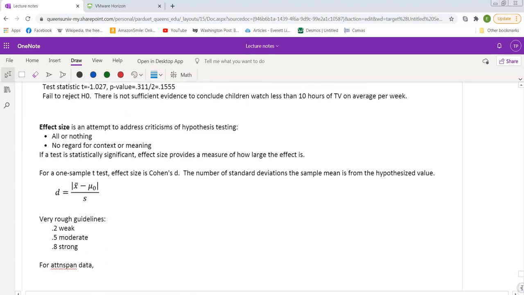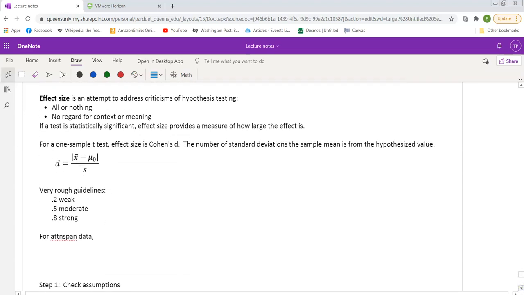I need to talk to you a little bit about effect size, because from here on out, just about every hypothesis test we're going to do is going to have some measure of effect size. Effect size is a response to two primary criticisms of hypothesis testing. The first criticism is that hypothesis testing just gives you a yes or no answer. It's all or nothing.